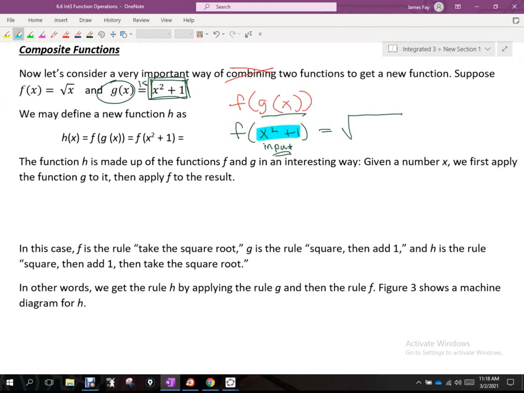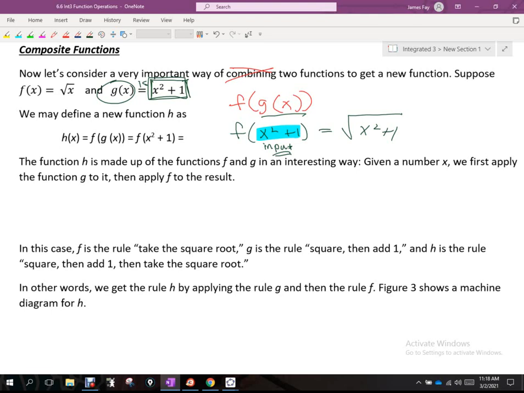Does that make sense? So wherever I saw x in the f of x rule, that is the square root of x, I'm going to now replace it with what I have highlighted there, x squared plus 1. So that new rule, the square root of x squared plus 1, is what we call the composite function f of g of x.